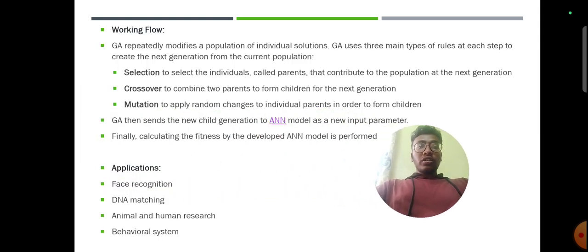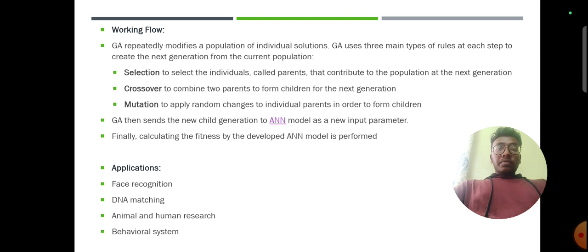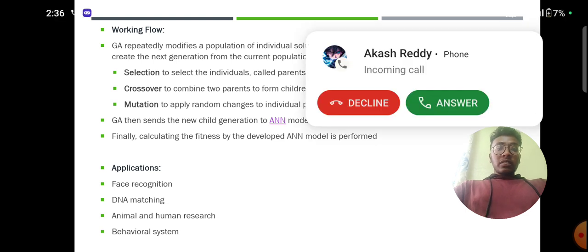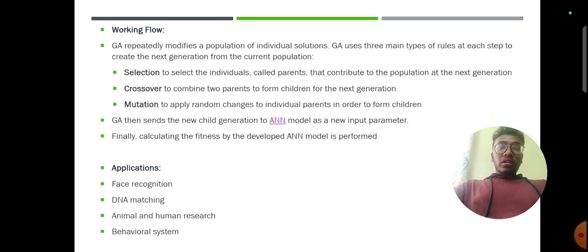So the working flow is given here. GA repeatedly modifies a population of individual solutions. GA uses three main types of rules at each step to create the next generation from the current population. The first one is selection, the second one is crossover, and the third one is mutation. Selection selects the individuals, called parents, that contribute to the population of the next generation.